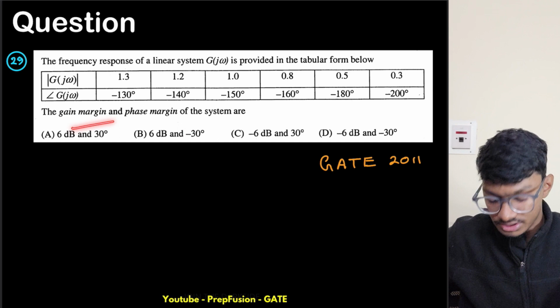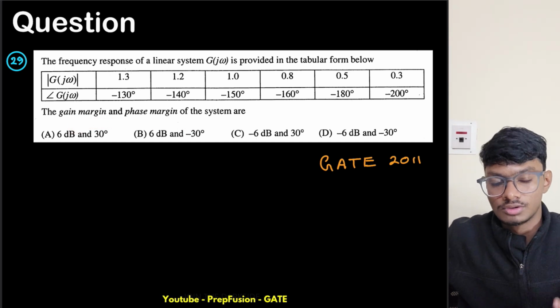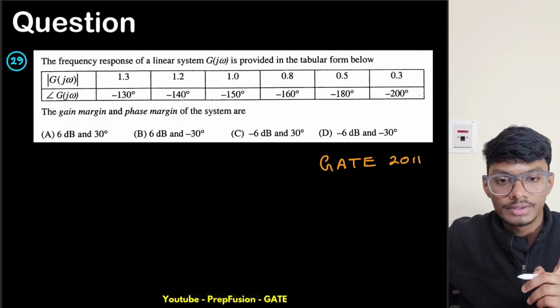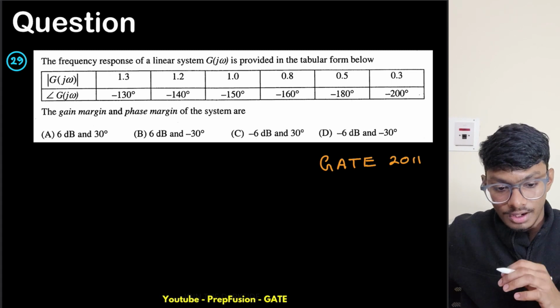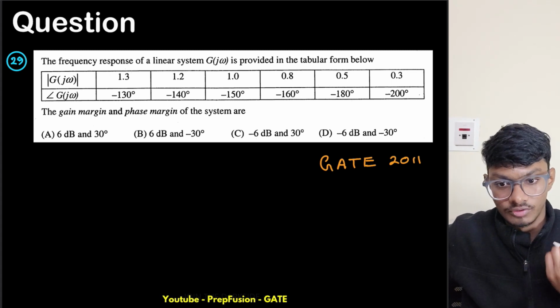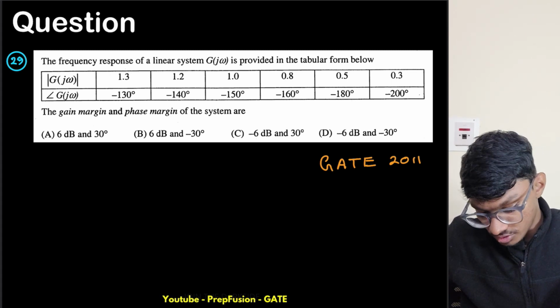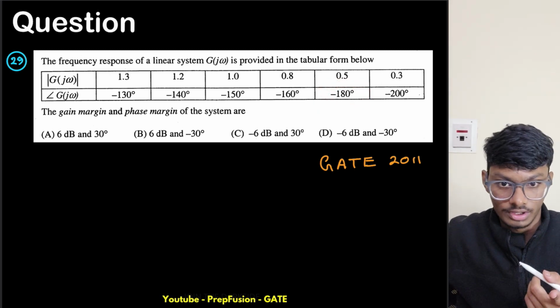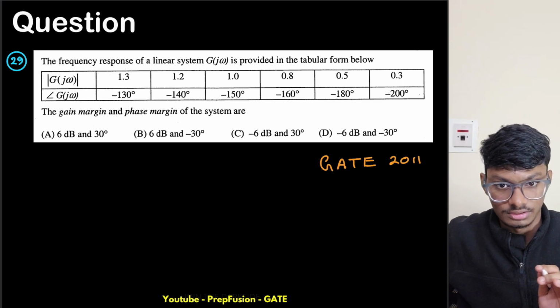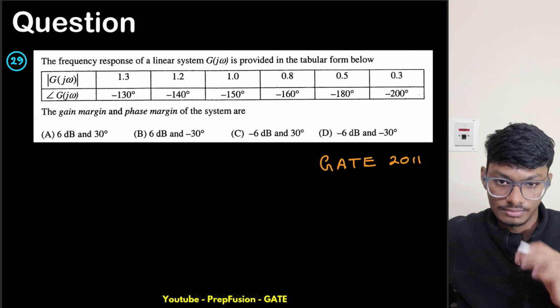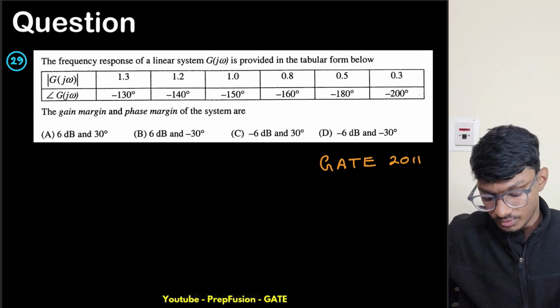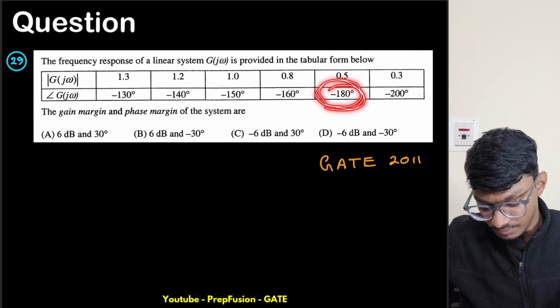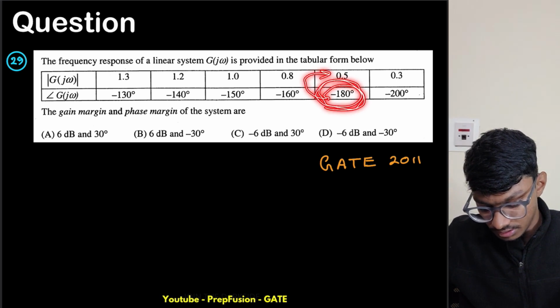What is the definition of gain margin? It is the margin that is required when my phase is minus 180 degrees, or you can say the inverse of my magnitude in absolute scale. In log scale, it is a margin you have to add. Here is my phase minus 180 degrees, and this is my gain.